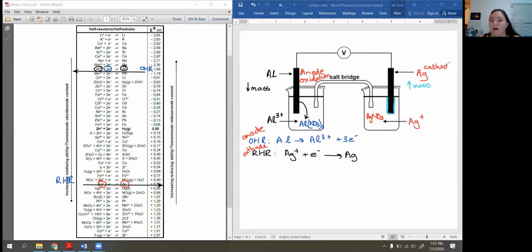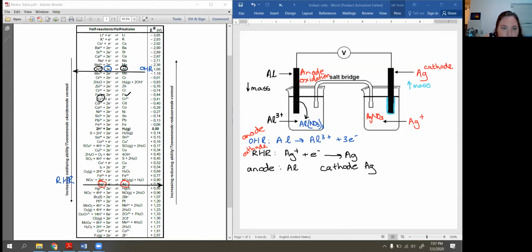So if I'm asked to name the anode or the cathode, I can say here that my anode, it's always got to be a solid, is aluminium, and my cathode is silver. Now, if we end up with an unusual situation, which we will, where you don't have a solid, for example, there's iron 2, I've got to go and quickly find it, iron 2 and iron 3, okay, let's go with chromium.